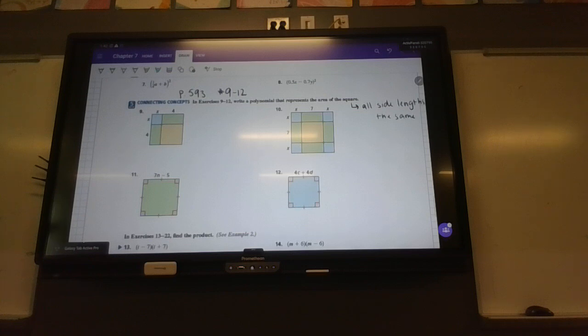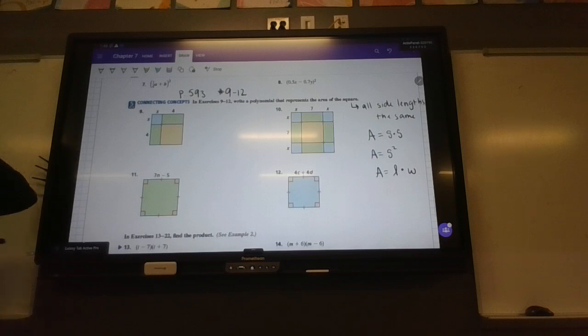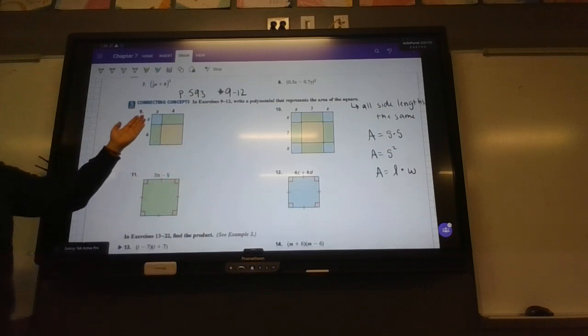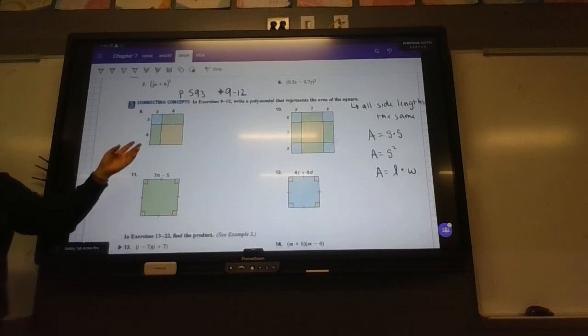The area is sometimes shown as side times side, or side squared, or sometimes as length times width. So we have to find the area by doing length times width, or side times side.